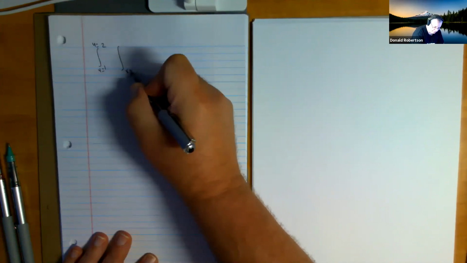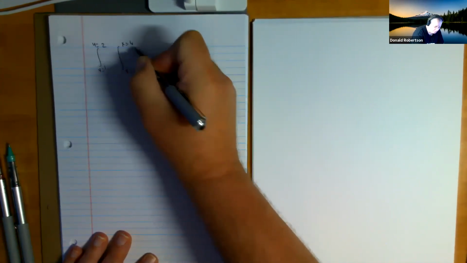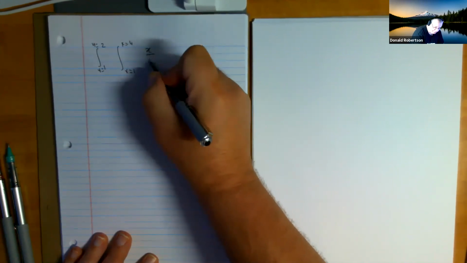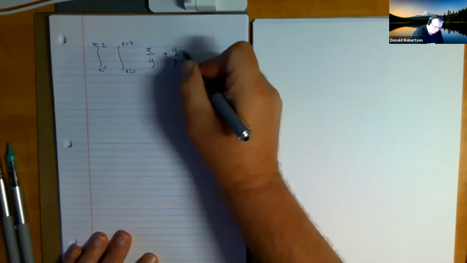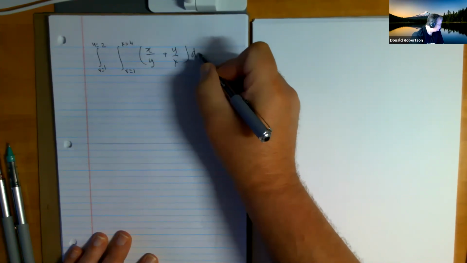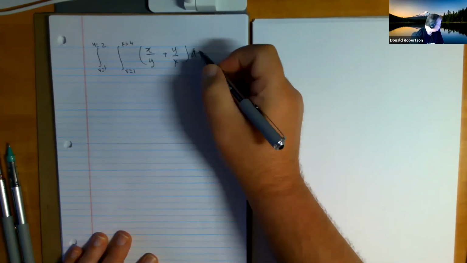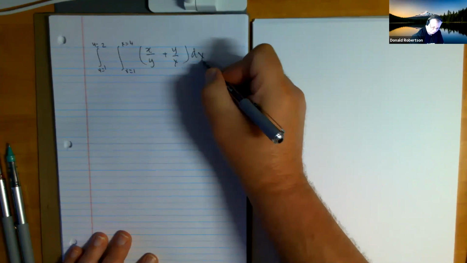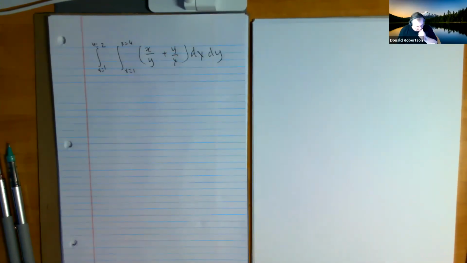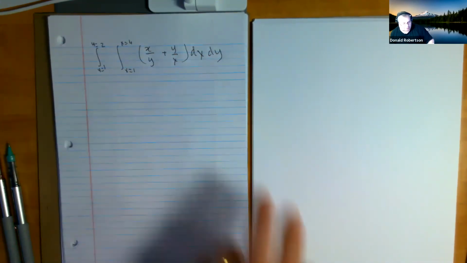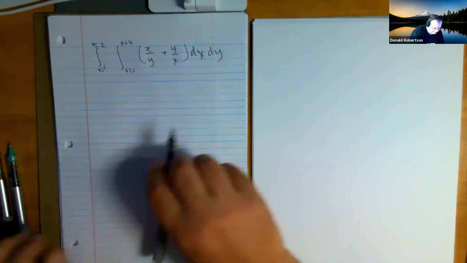Okay, last one. Y equals 1 to 2. X equals 1 to 4. Okay, there isn't any shortcut, just go with the flow and see what we get.